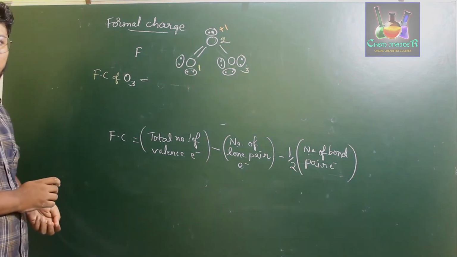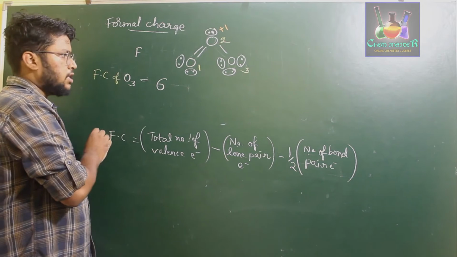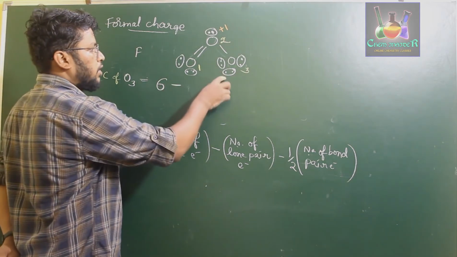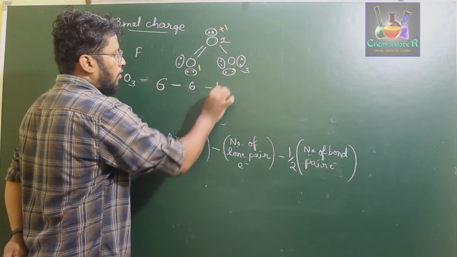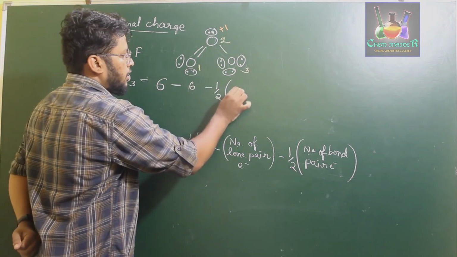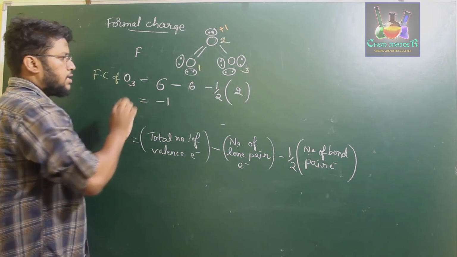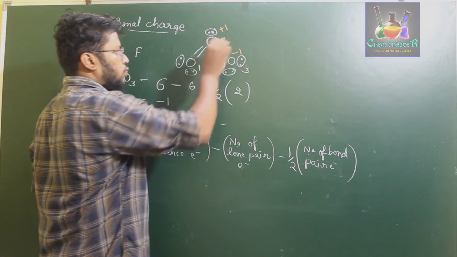For the formal charge on the third oxygen, the total number of valence electrons is 6, minus the lone pair electrons, 1, 2, 3 pairs, that is 6 electrons, minus half of the bonding pair electrons, that is 2. Once you do the calculation, you will get minus 1. That is, the formal charge on the third oxygen is minus 1.